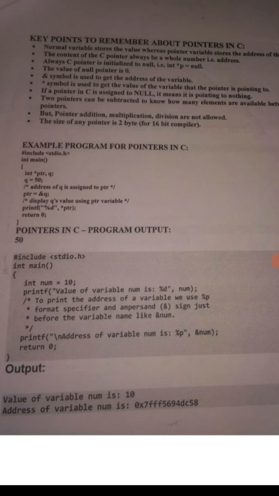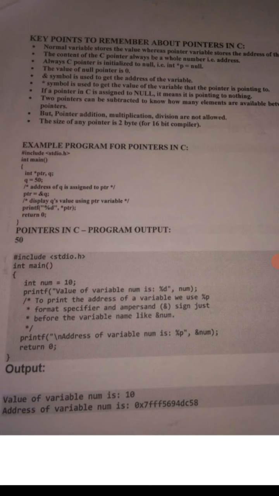Then printf value of variable num is %d, num. Then printf address of variable num is %p, &num, return 0.